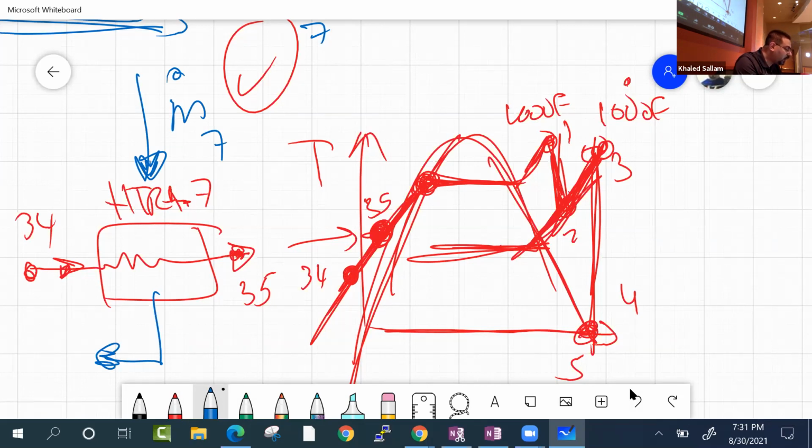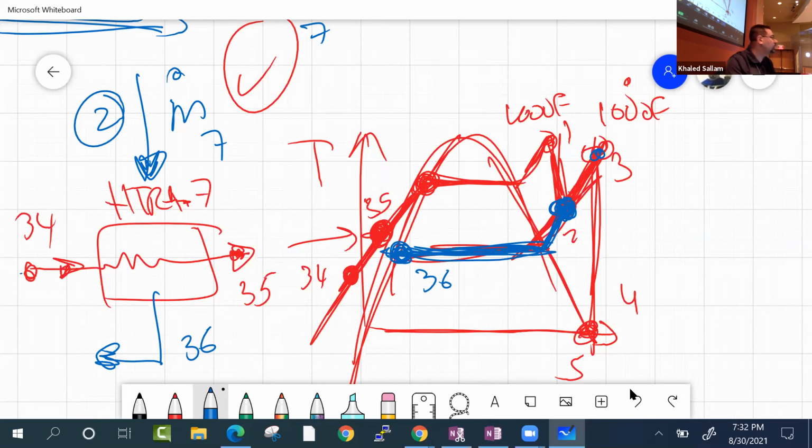And where is he coming from? He's coming from state 2, the one that's going to the reheat. He's really hot, and he can do the job, and he can condense. And while he's condensing, going from 2 to, let's call it 36, he can take the water from 34 to 35.